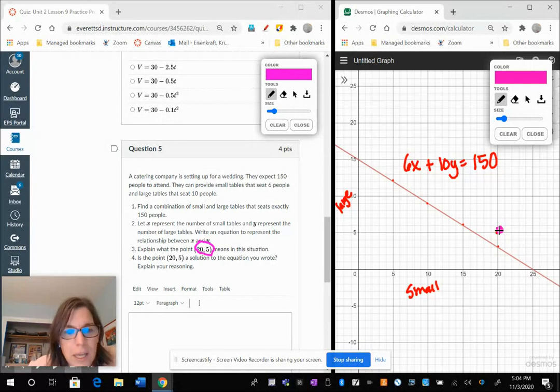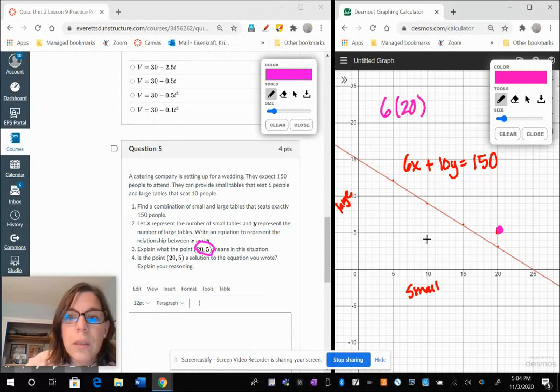And you might be saying it's not on the line. And that's correct. It does not equal 150 people. It actually would be more. It's not a solution. And if you wanted, you can also say, if I tried 6 times 20 plus 10 times 5, does that equal 150?